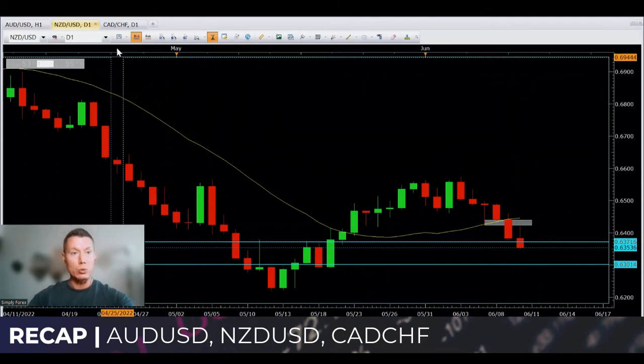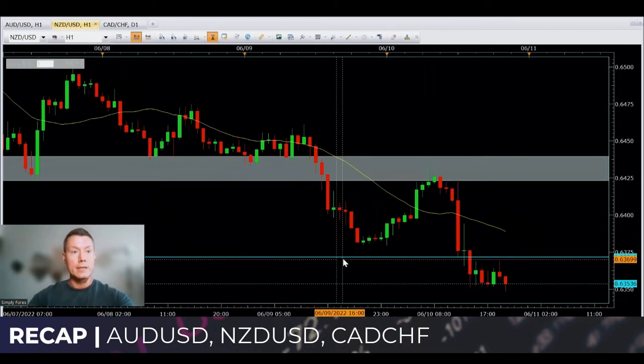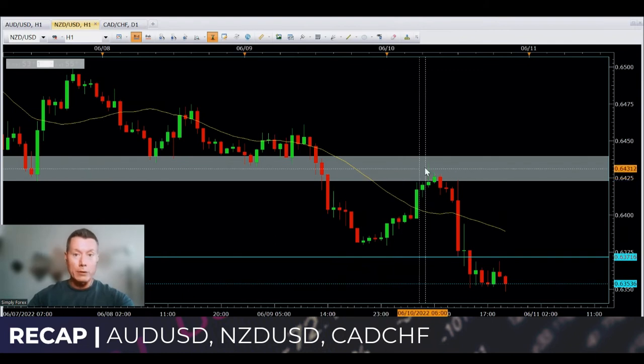All right, but let's look at H1 to see how we got in on this pair. As I explained, guys, this gave me a better setup than the Aussie dollar US dollar. So I entered on this trade. For me, a little bit aggressive, but I entered on this candle.